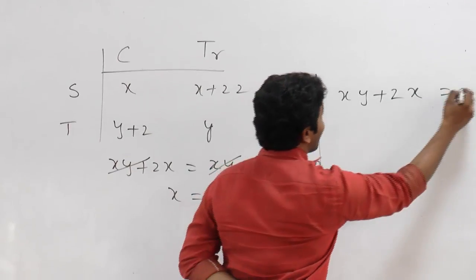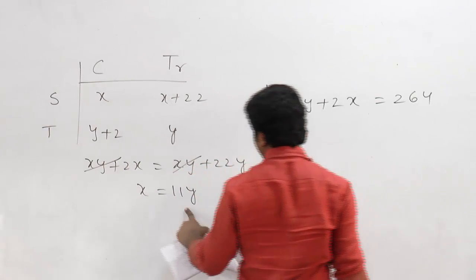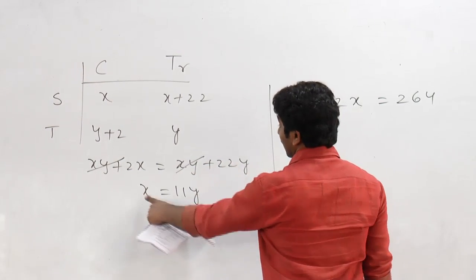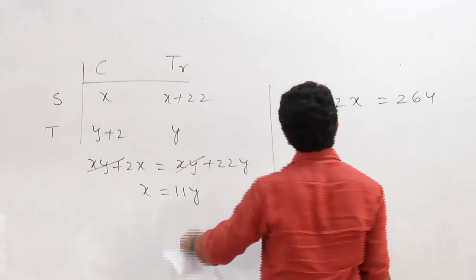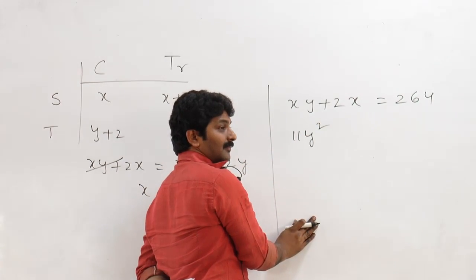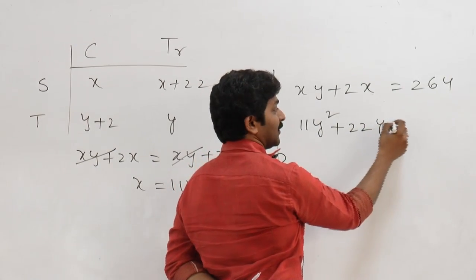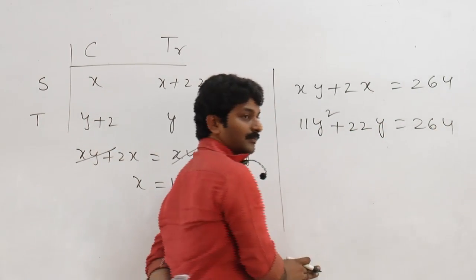What is total distance travelled? You know x in terms of 11y, right? In place of x, can I write 11y? This is 11y square plus 22y, which is equal to 264.